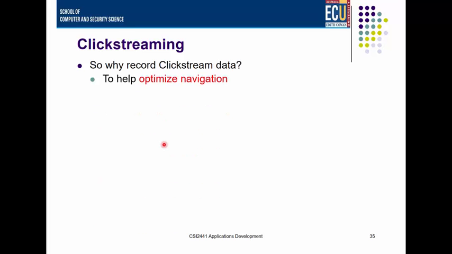So why do we need this click stream data? To optimize the navigation. If users are going to some specific item and they have to click 5 times, and there are thousands of users clicking 5 times to reach that item, why not make that item a link on the top front page?